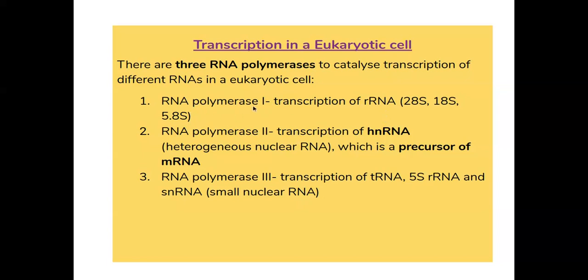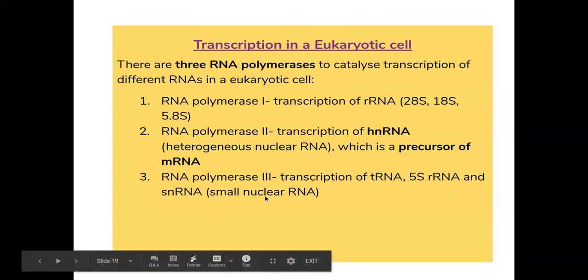RNA polymerase 1 will catalyze the transcription of rRNA of these types. RNA polymerase 2 will catalyze the transcription of hnRNA, whose full form is heterogeneous nuclear RNA. RNA polymerase 3 will catalyze transcription of tRNA, 5S rRNA, and snRNA.